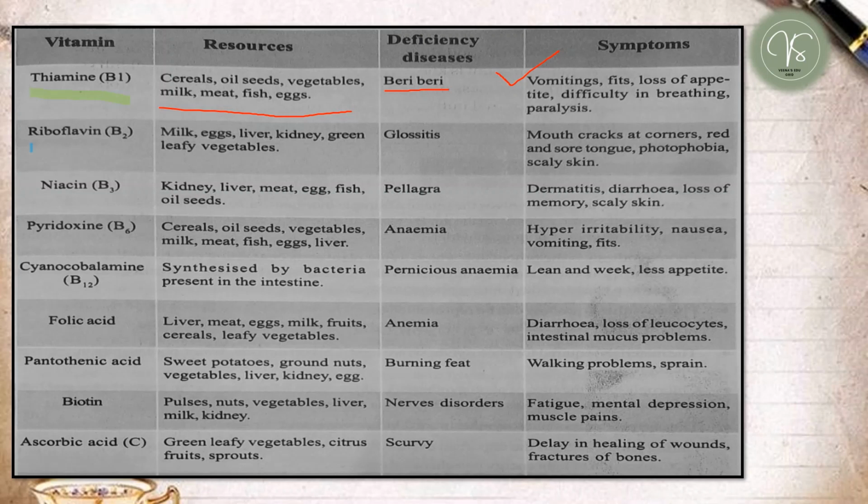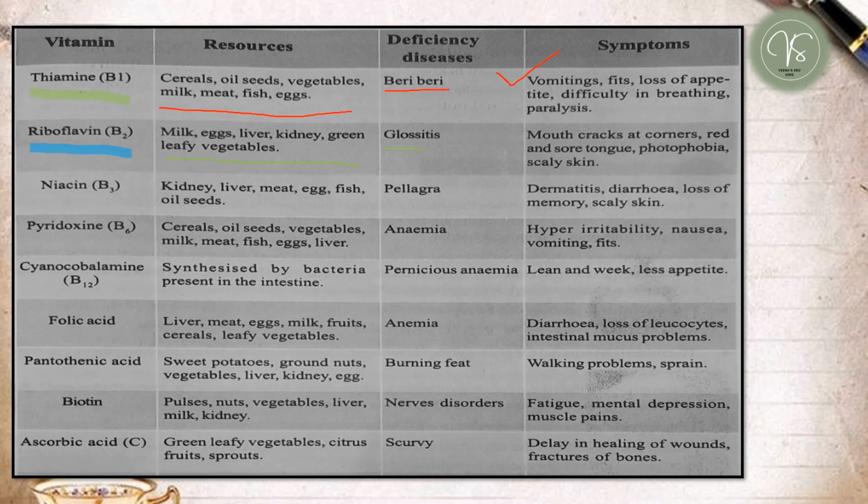The next vitamin is vitamin B2. The chemical name of vitamin B2 is riboflavin. Riboflavin is essential for oxidation reduction reactions in the cells and participates in cellular respiration. This is found in milk, eggs, liver, kidney, and green leafy vegetables.